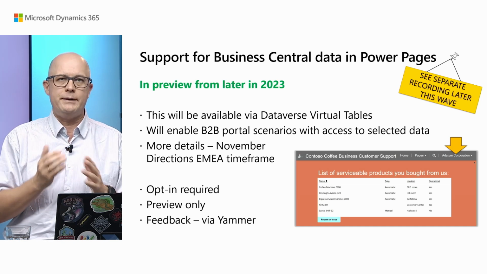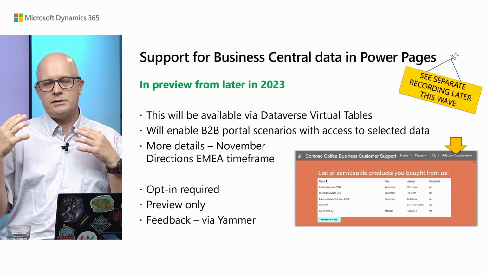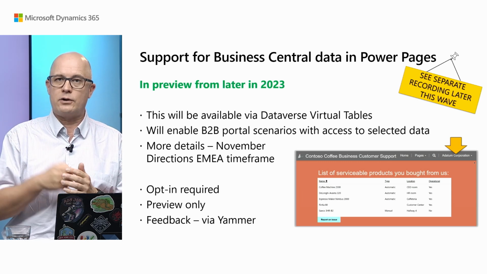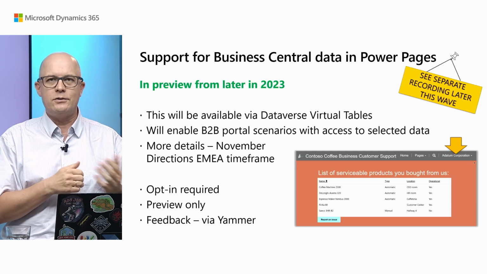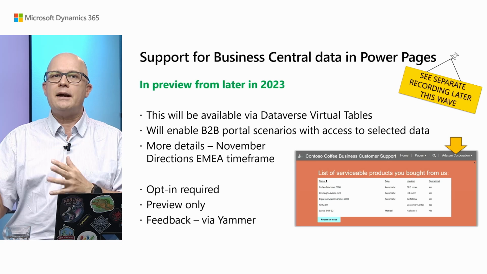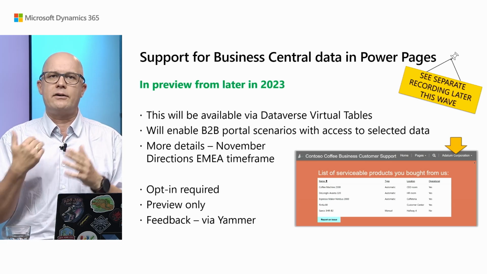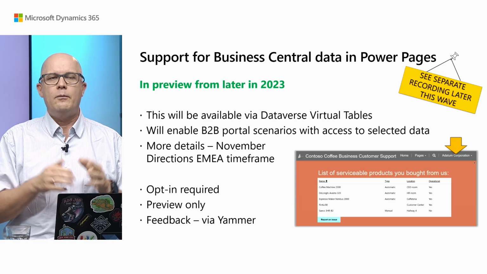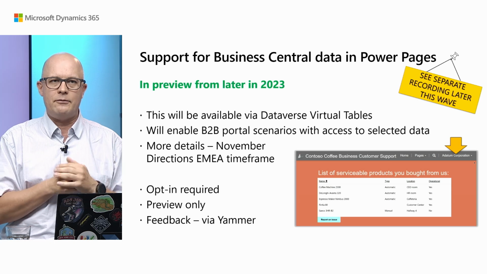So think about B2B scenarios. Because Power Pages enables authenticated access for external users, and there is a way of mapping those external users to your customers, you can think about building portals where your customer can see data related to them only. We will provide more details around this technology around the November timeframe.